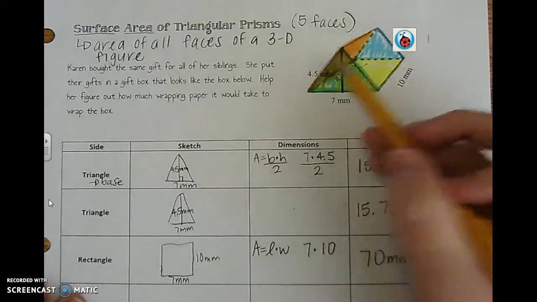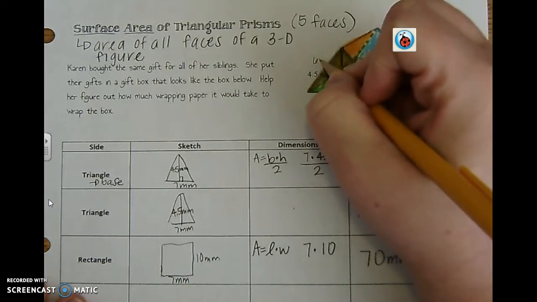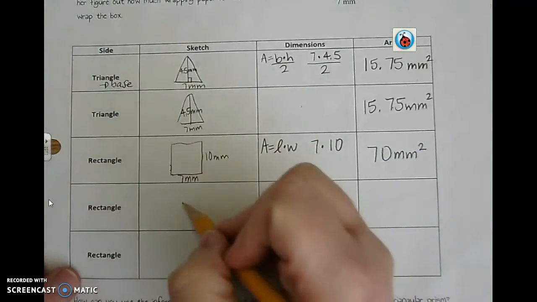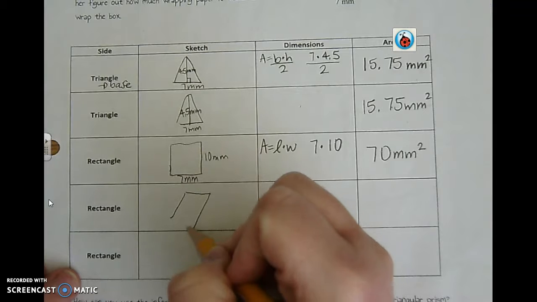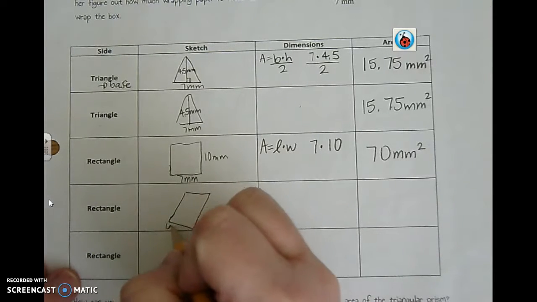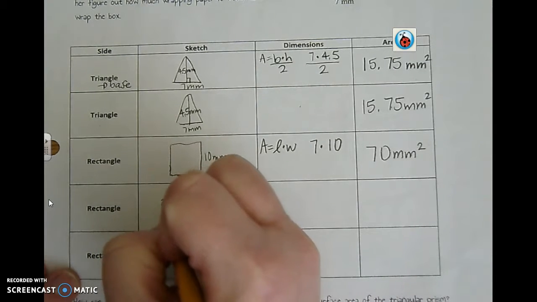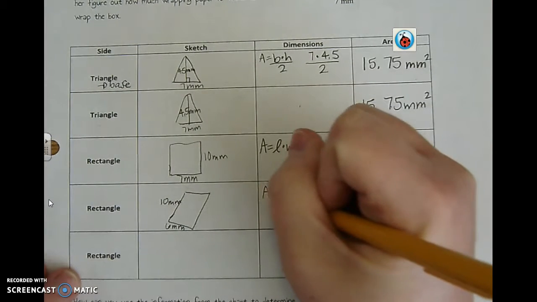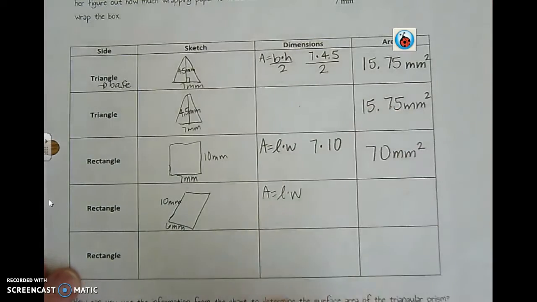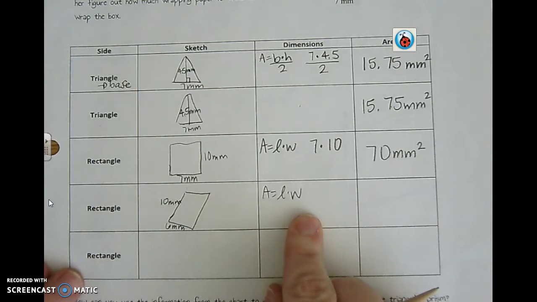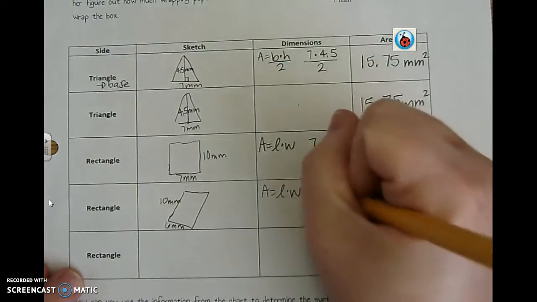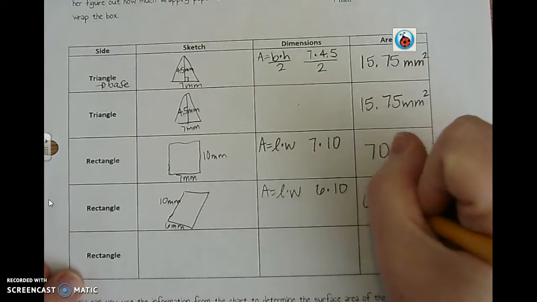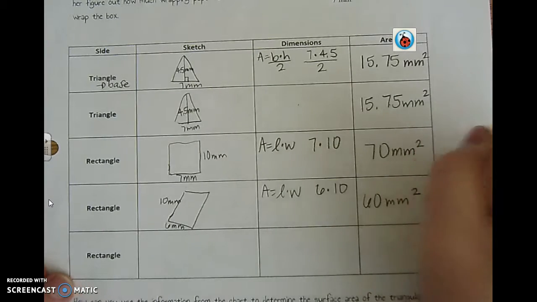So the only other measurement that this could be is 6 millimeters. So my orange rectangle on the side is going to be 6 millimeters by 10 millimeters. And for area, since it's a rectangle, it's length times width again. So my two dimensions are 6 and 10, which makes my area 60 millimeters squared.